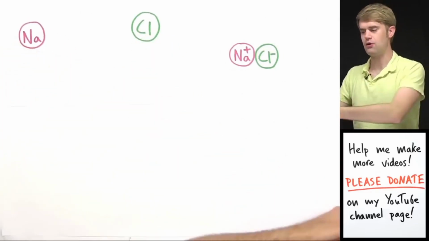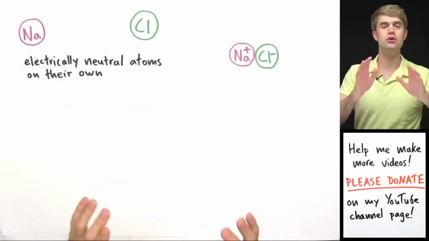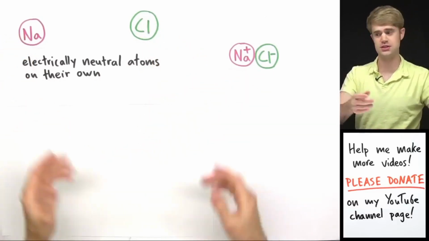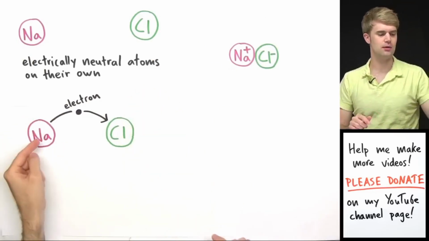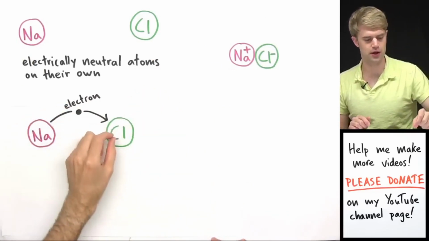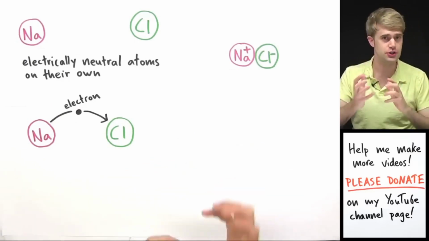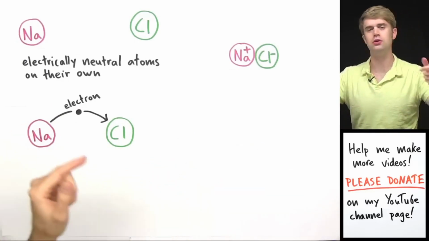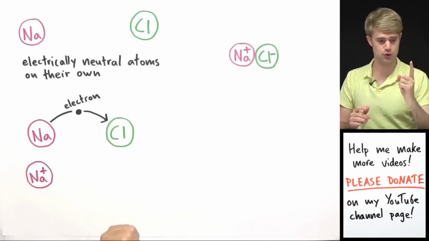So we start out with Na and Cl here as electrically neutral atoms with no charge, and they're on their own. They're separate. The next thing that happens is sodium gives one of its electrons to chlorine. So this is where the charges come in. Sodium loses one of its electrons, so it becomes Na+1.